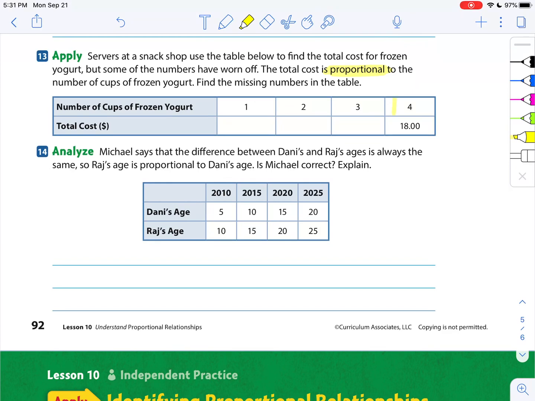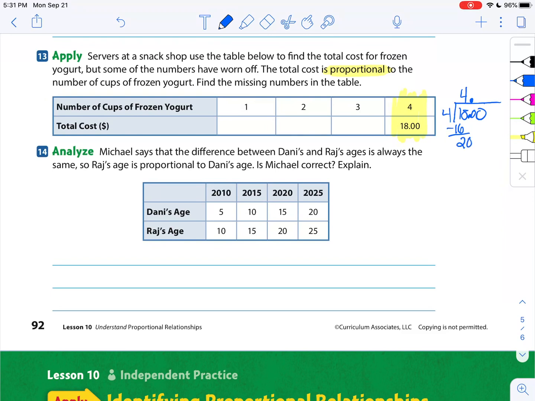We can take the ratio that we know, 4 cups to $18, and find the unit rate by dividing. So we can divide 4 into $18. I'm going to go ahead and bring my decimal up. 4 goes into 18 4 times. 4 times 4 is 16. 18 minus 16 is 2, and bring down your 0.